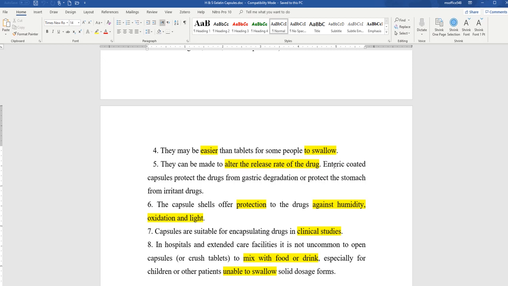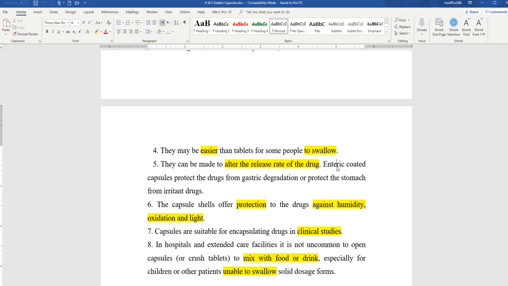But because of the enteric coating, the coat will protect the capsule from dissolving, but once it gets to the intestine, it will dissolve readily, and that is because the enteric coating is sensitive to pH. Enteric coating at low pH, meaning acidic pH, will not dissolve, it will remain intact.